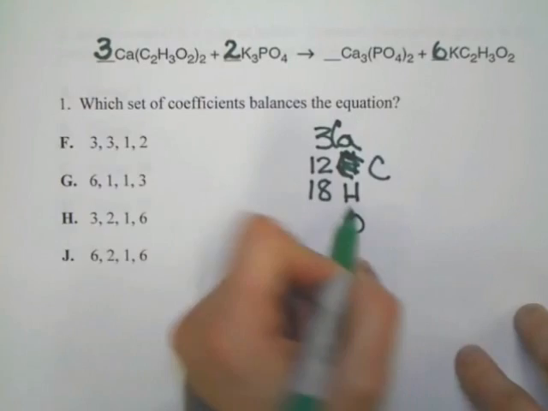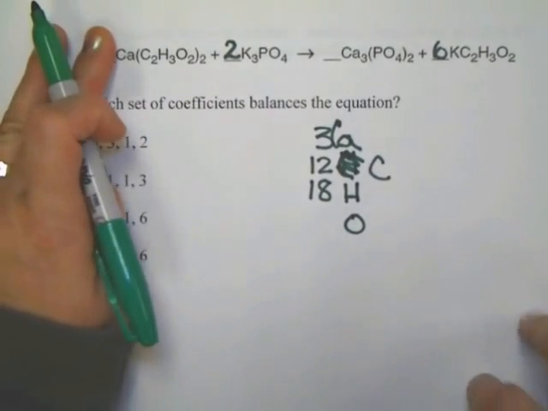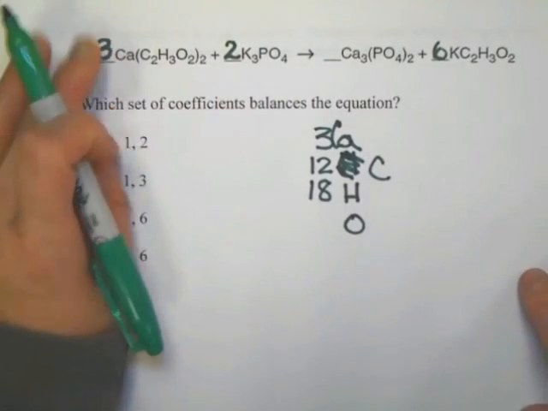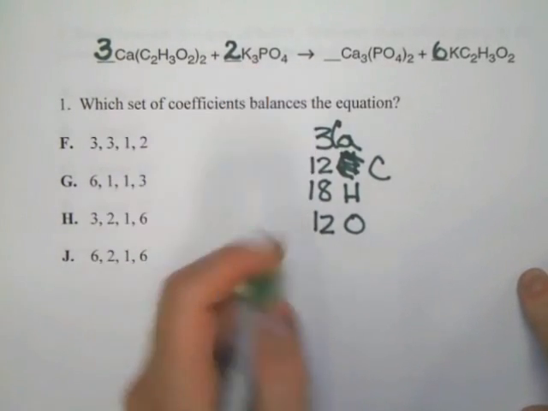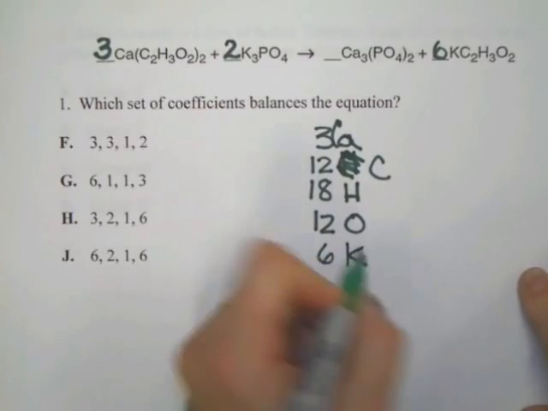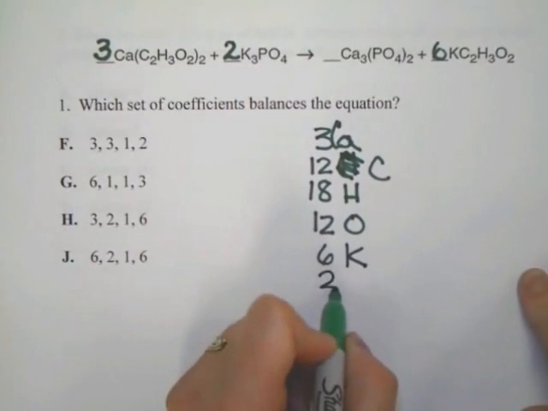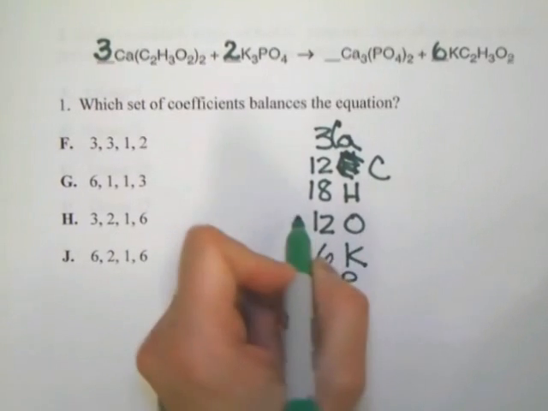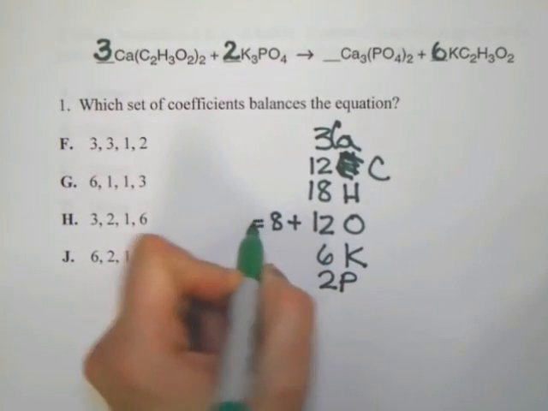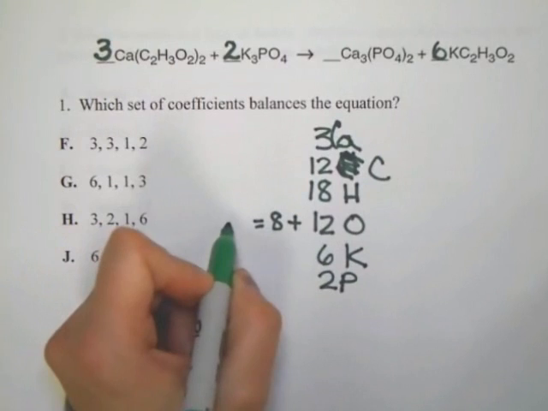If I do my oxygens next, just covering it up, just checking, 2 times 2, that says I have 4 there. 4 times 3 is 12. I have on this side 6 potassiums, 2 phosphorus, and I have 8 more oxygens. So plus 8 more, which gives me a total of how many?